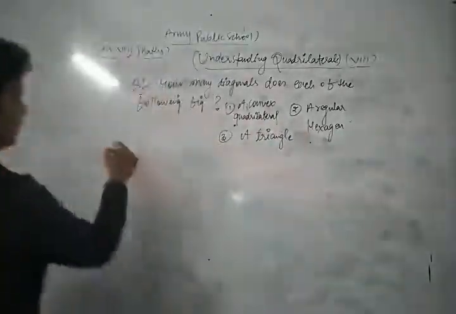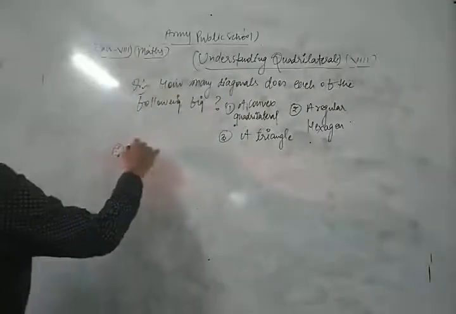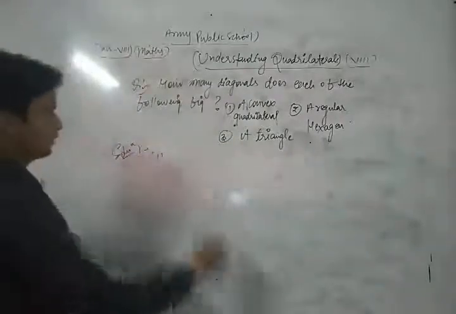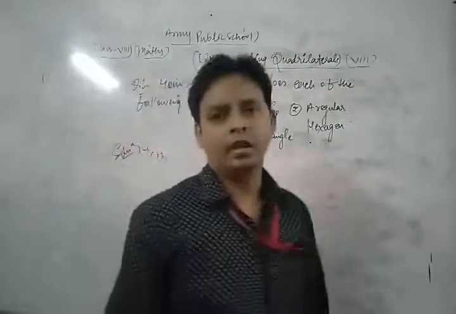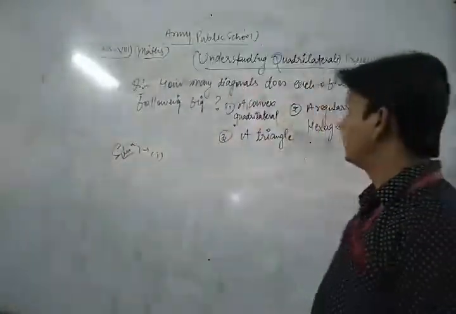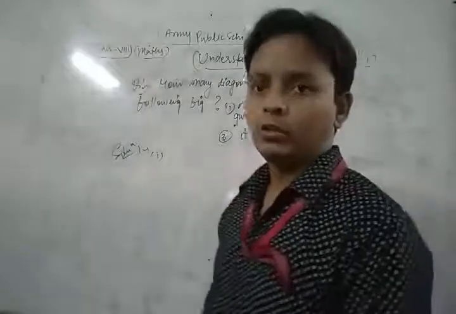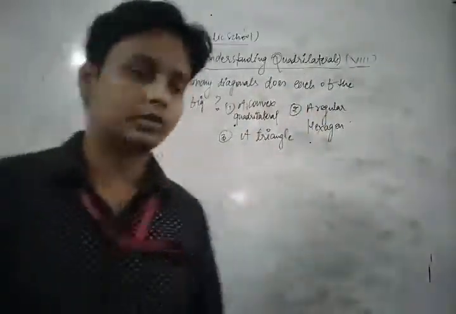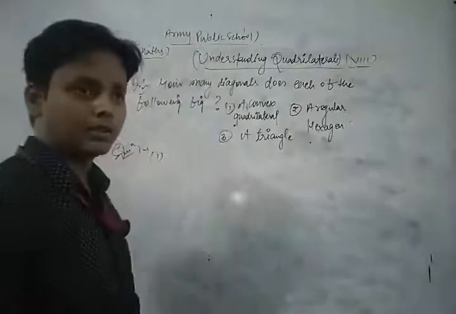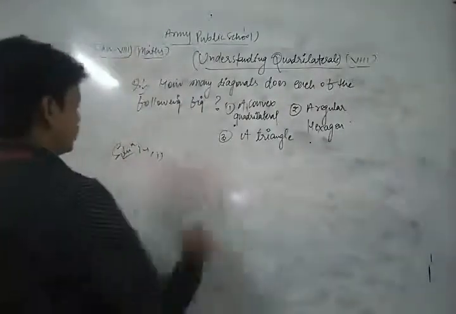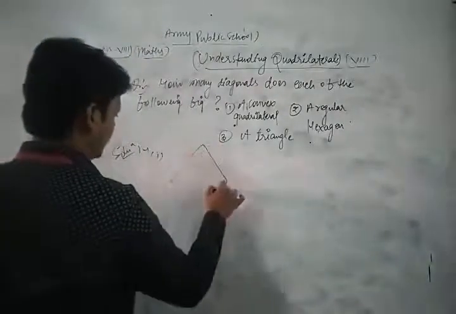A triangle. Now let's see its solution. First of all, we discuss the first figure. The question is how many diagonals does each of the following figures have. So first of all, we draw the first figure, which is what? A convex quadrilateral. So let's see it in this way.